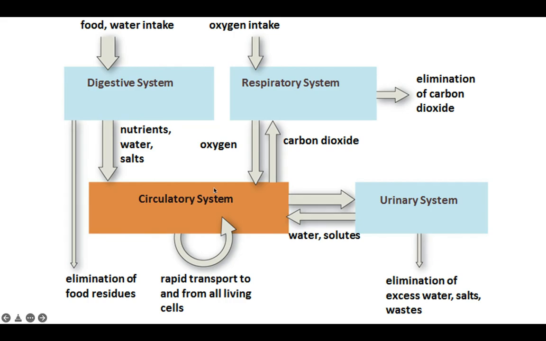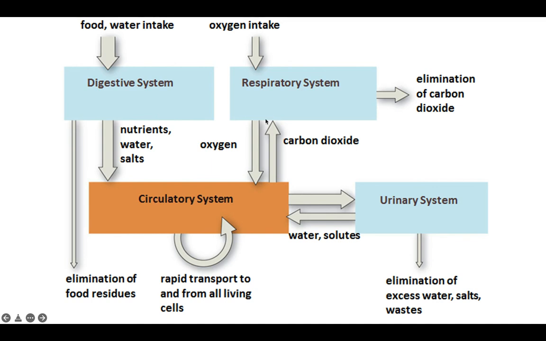One of the things we're visiting now is essentially looking at our circulatory system. It's connected to every other system in the body. So even though nervous and integumentary aren't included, they're down here. Rapid transport to and from all living cells. This includes endocrine. This is also looking at how the digestive system takes in food and water and gives your circulatory system the nutrients, water, and salts it needs to move around.